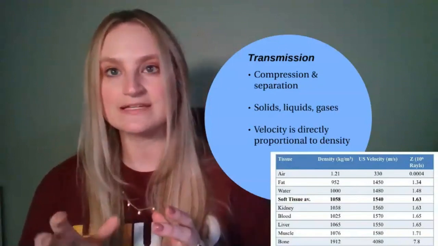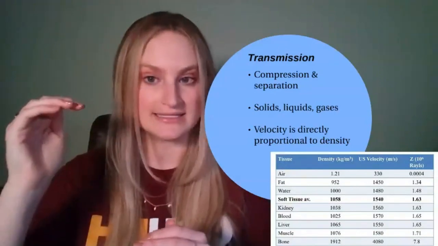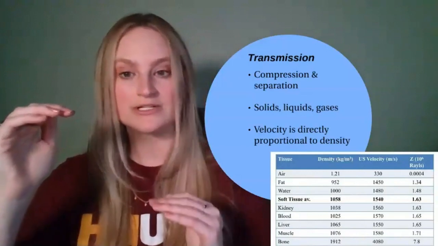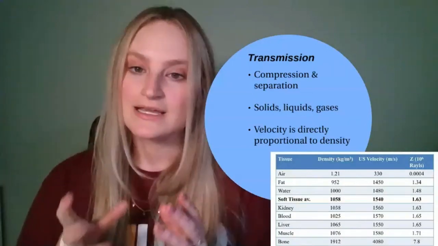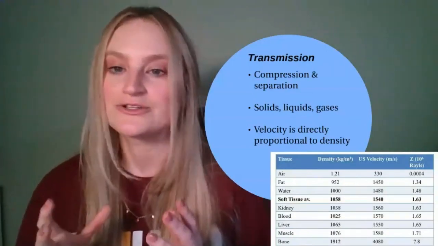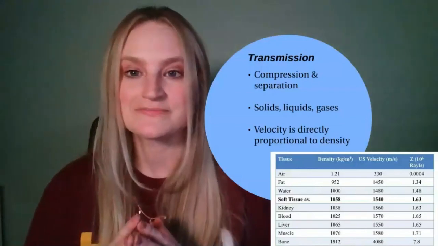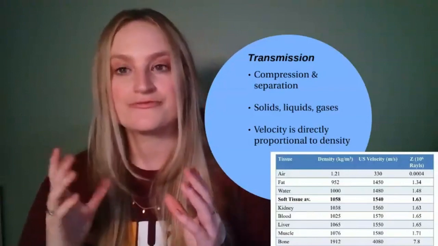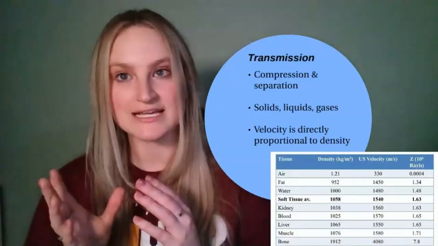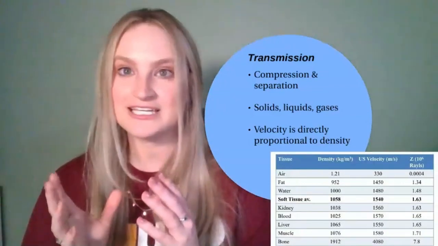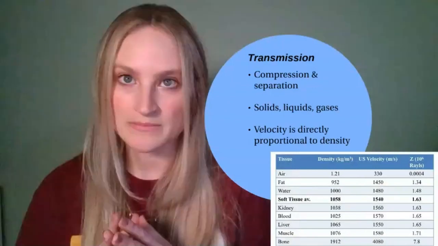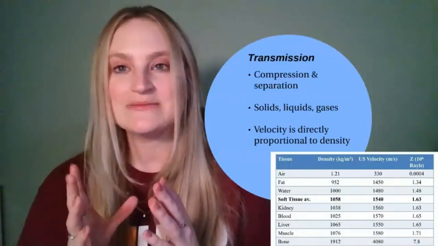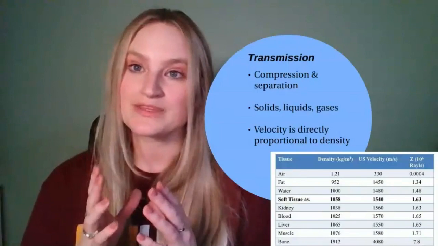The velocity of the wave is higher in materials of high density and lower in materials of low density. The most important known velocities include the following approximations: 330 meters per second in air, 1480 meters per second in water, 1580 meters per second in muscle, 4080 meters per second in bone.